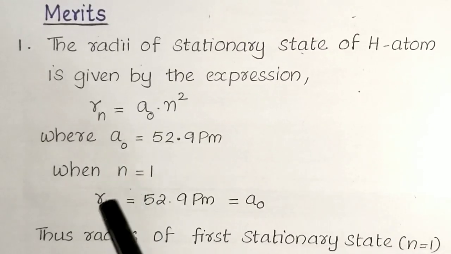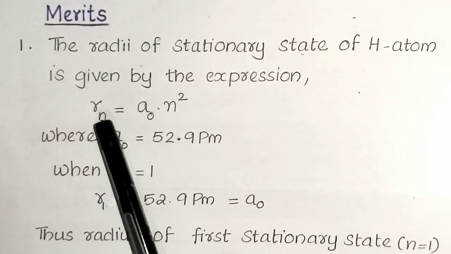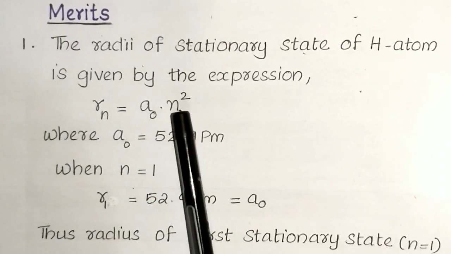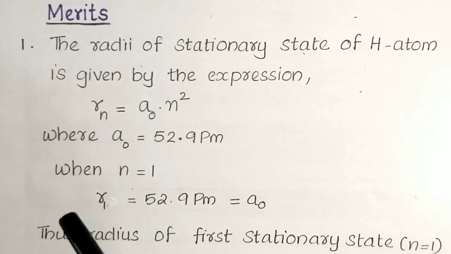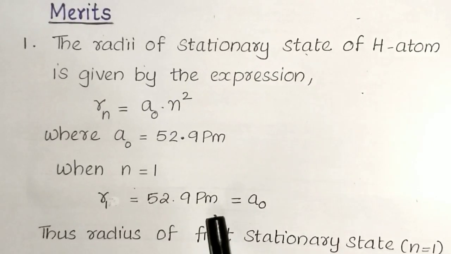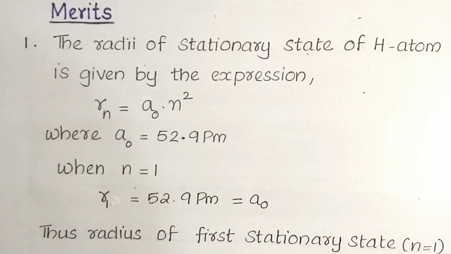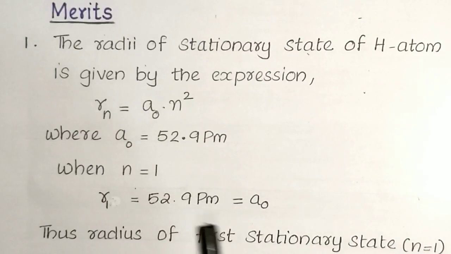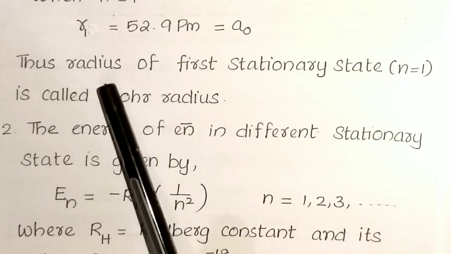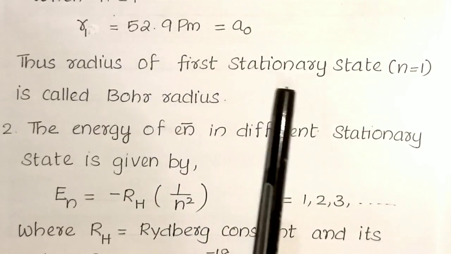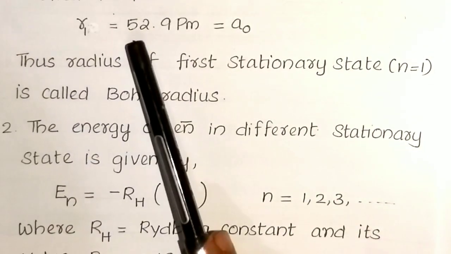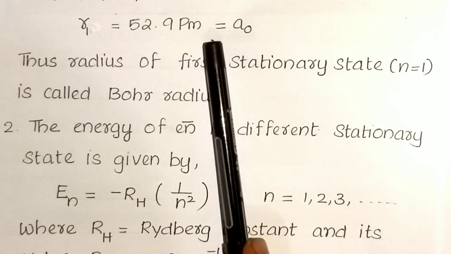When n is equal to 1, R1 is equal to A0 into 1 square, which is equal to A0, which is 52.9 picometer. Thus, the radius of the first stationary state, n is equal to 1, is called Bohr radius. Its value is 52.9 picometer.